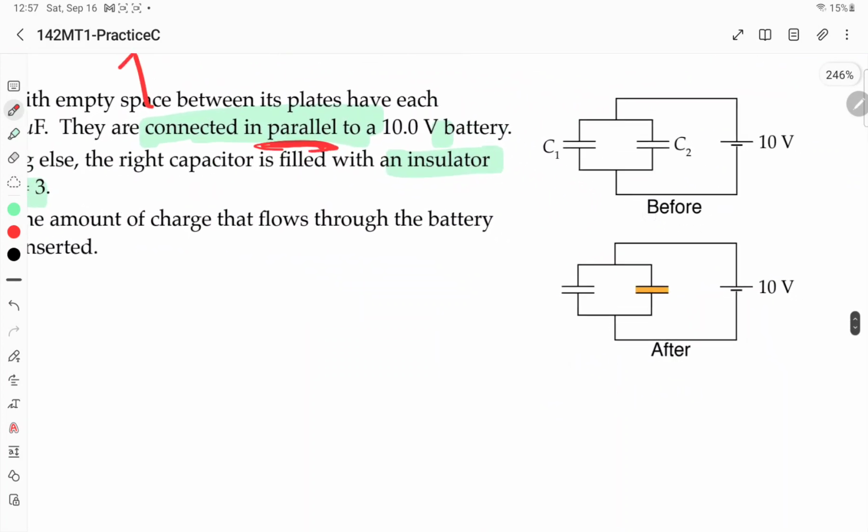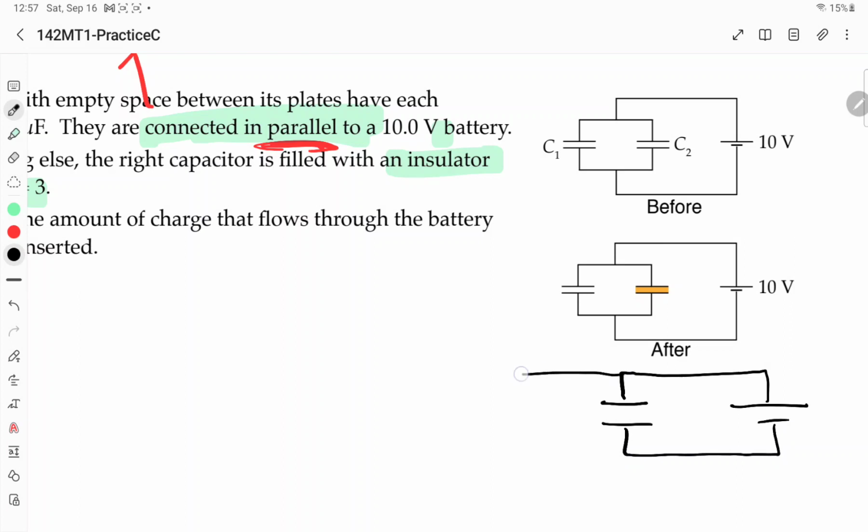Some kids, I know that I really struggled with this when I took this class, is I would look at this and I'd be like, how do you know they're in parallel? Because parallel means they share nodes, right? Well, if you redraw this, you could just redraw it like this. I'm not going to draw it with the insulator in there right now. But you're essentially saying, hey, this point is like this point, so you could just pull it up, and this point is like this point, so you just pull it down.